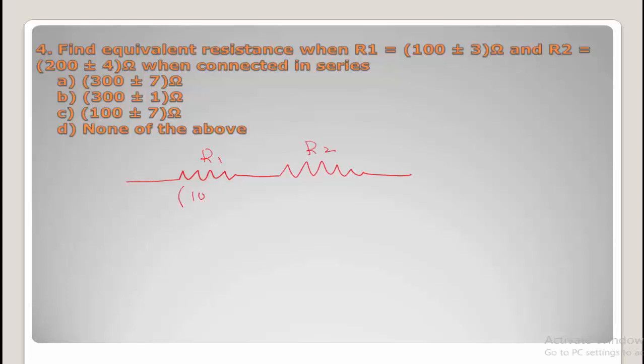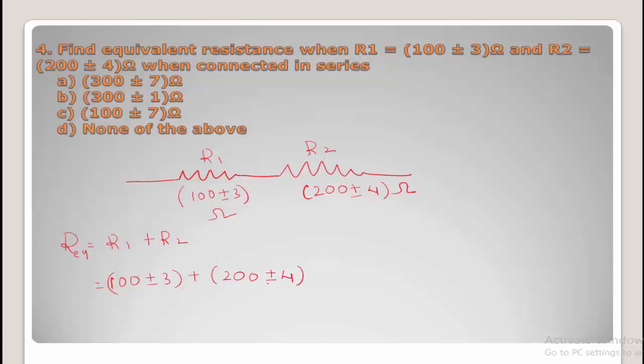The value of R1 is 100 ± 3 ohm and R2 value is 200 ± 4 ohm. Now you have to find the equivalent resistance. For this you already know R equivalent is equal to R1 plus R2. So R1 value is 100 ± 3 plus R2 value is 200 ± 4.